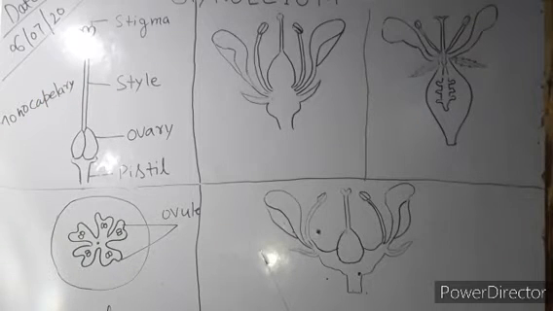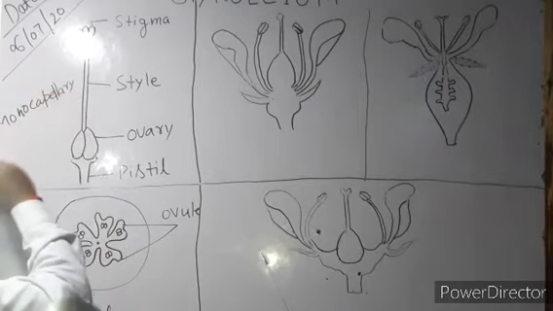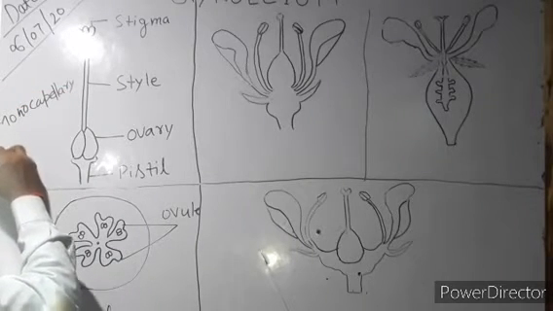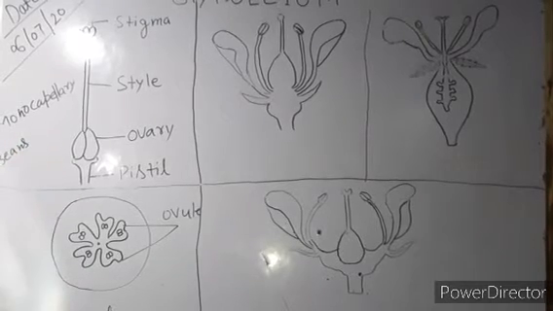Monocarpellary, the single carpel, examples are beans and peas.